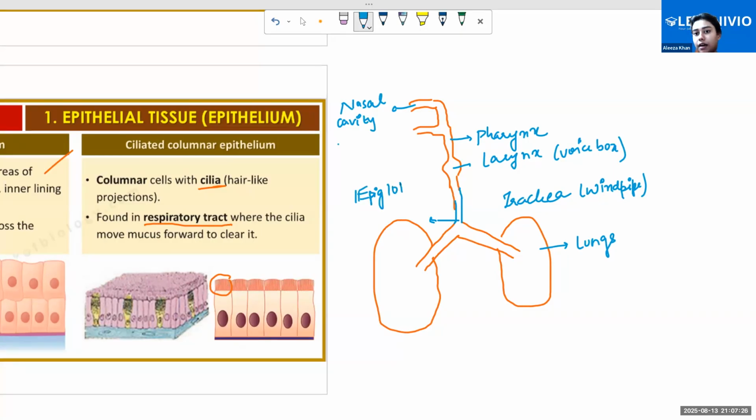Whenever you are eating something, why is it always advisable not to speak while eating? Because the food particles can enter our windpipe instead of our food pipe, and it will make us choke. Exactly.